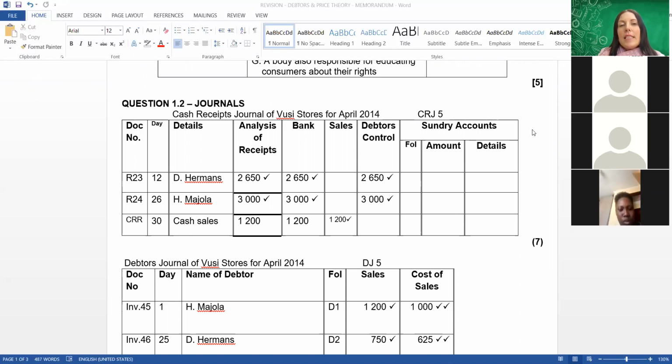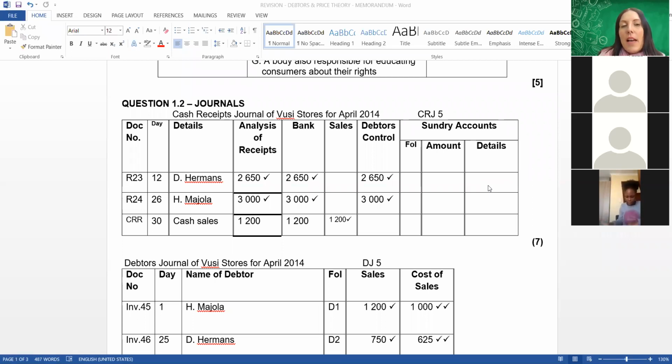Okay, so which transactions do we need to report in the CRJ in this exercise? The first one that must be recorded there was the transaction on the 12th. So if you've got your exercise with you, the 12th transaction said received a check from D. Hermans to settle his account in full.